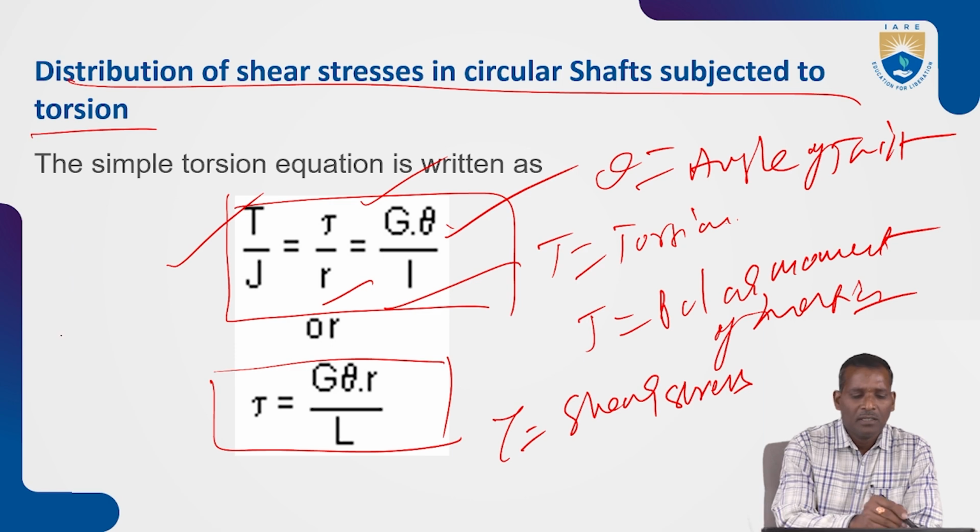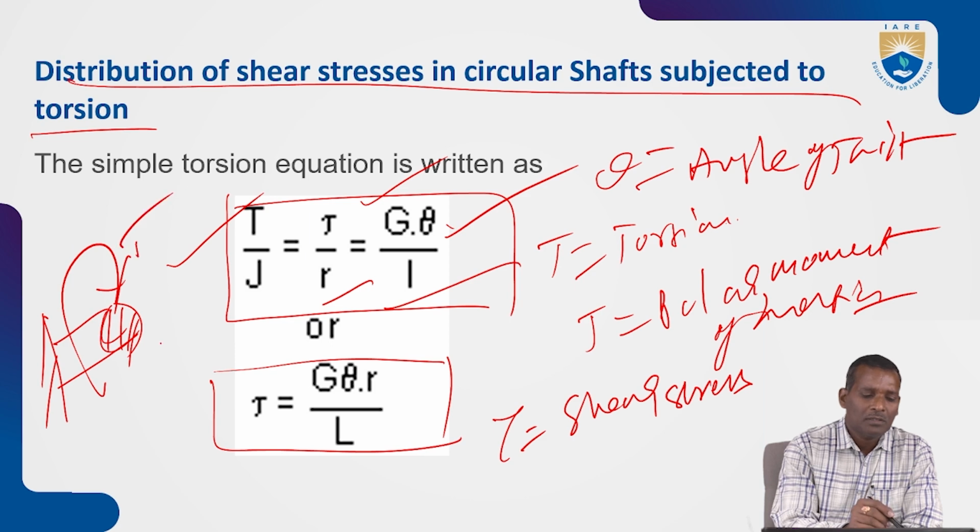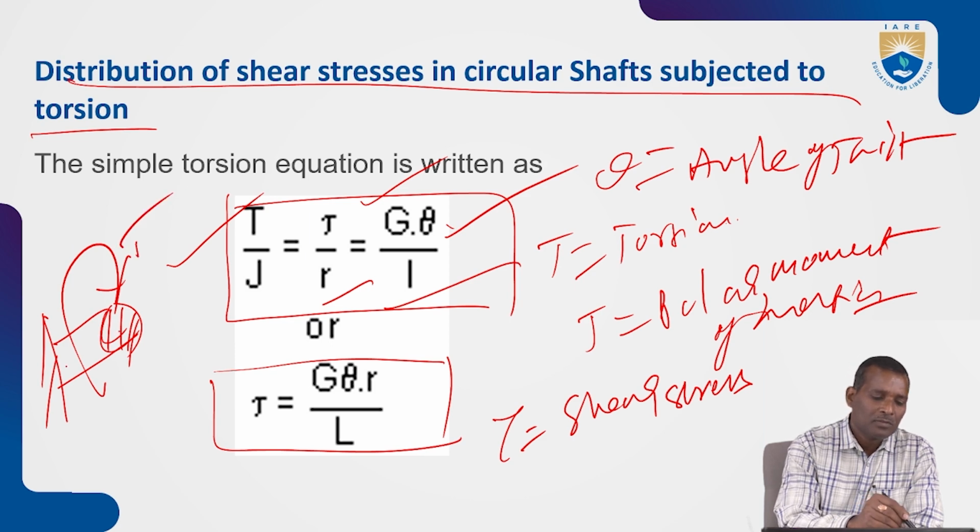Suppose the circular shaft is subjected to a torsional load, with a center, a radius and an angle theta.